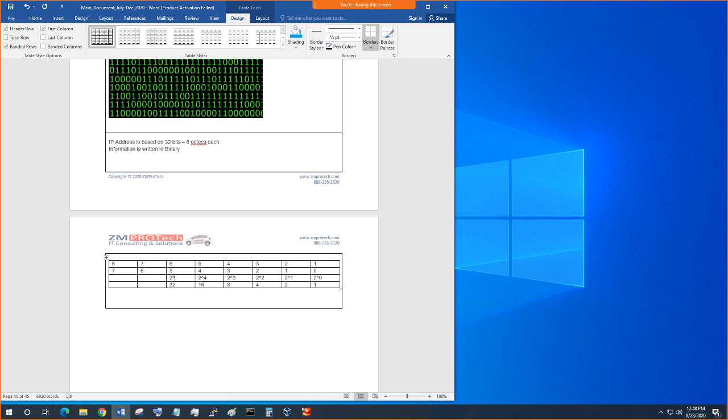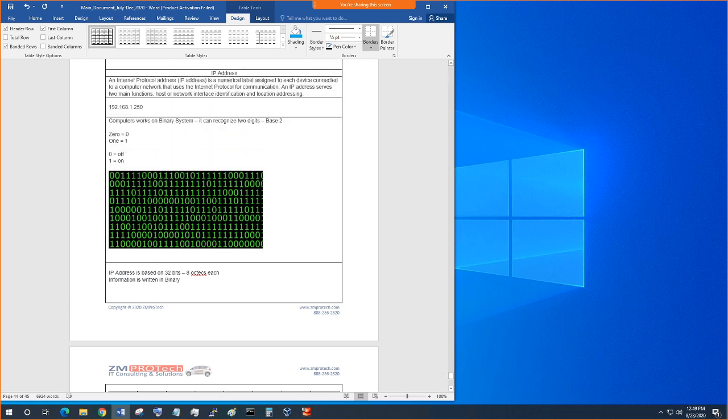Now we are at 5. 2 to the power of 6 is how much? 64. Yeah, and this is 128, 2 to the power of 7. It looks like 7 here, but it's actually 8 boxes. Okay, so remember that.